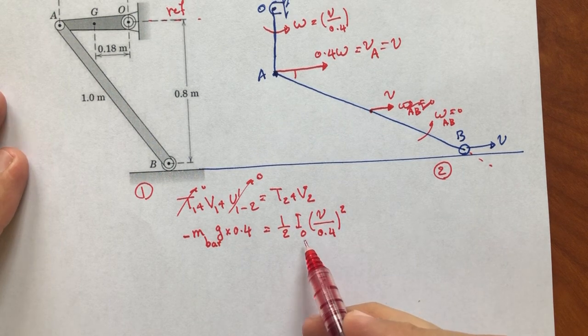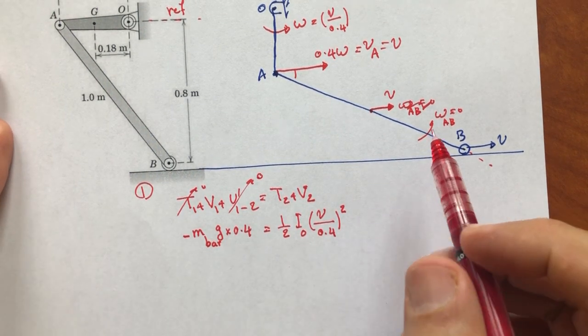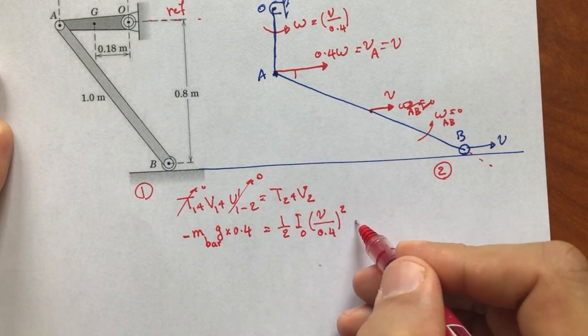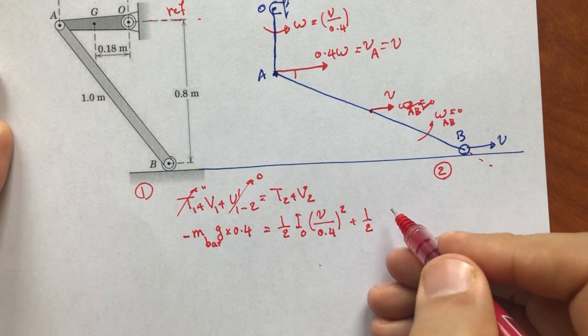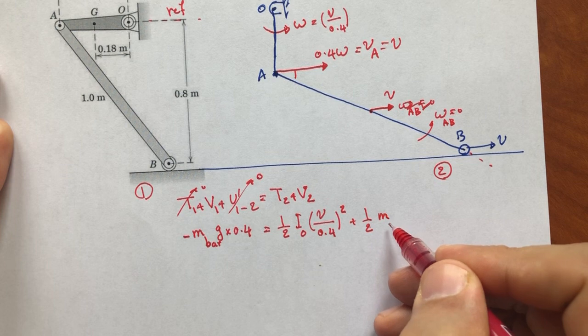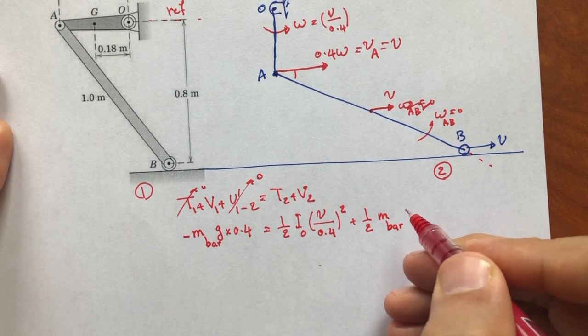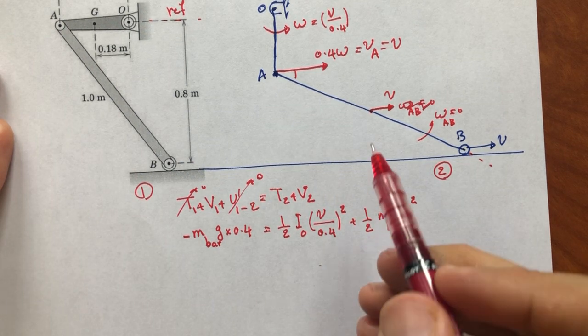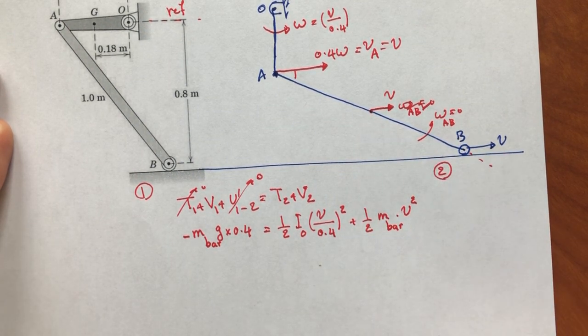So from there we can put it here. And the energy of AB is going to be 1/2 of its mass, m of the bar, times velocity squared, plus 1/2 of IG omega squared, but omega is equal to 0 here.